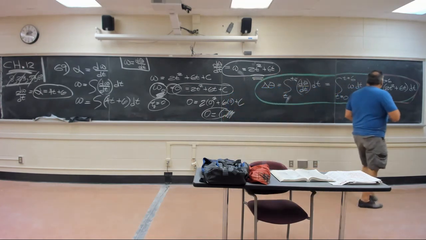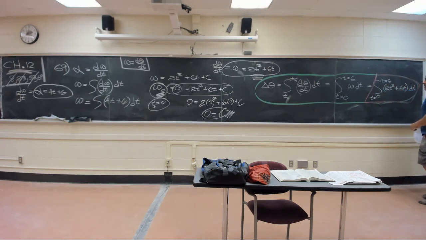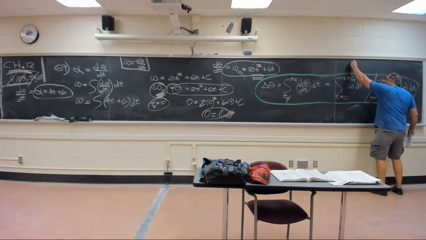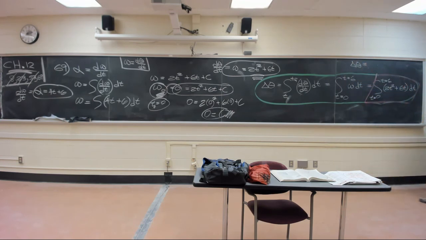Well, let's just go for it. At that point, let's just do the integral. That delta theta is the total amount of angle that gets done, which some people just call theta as well. Let's do the integral and go for it.